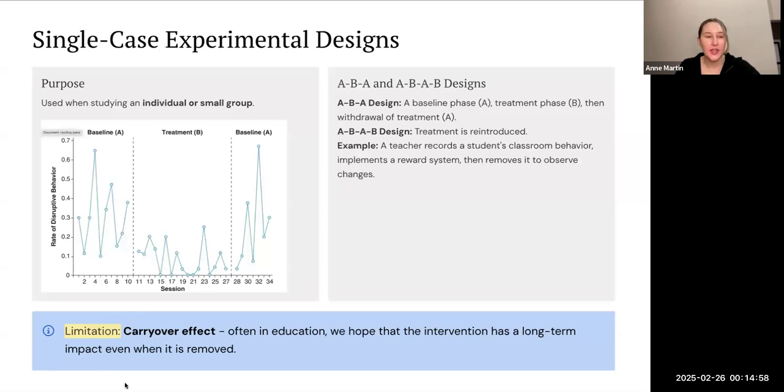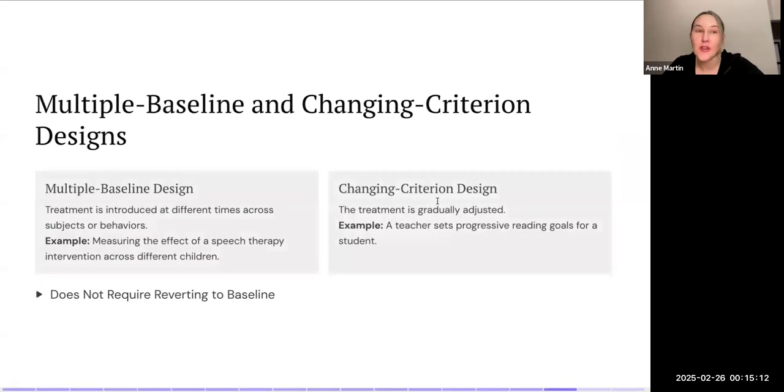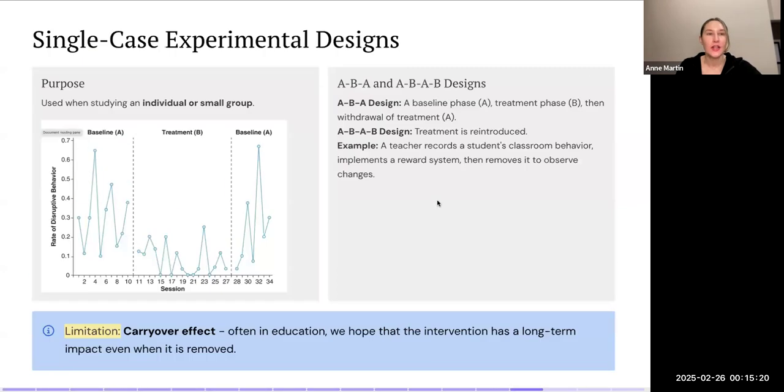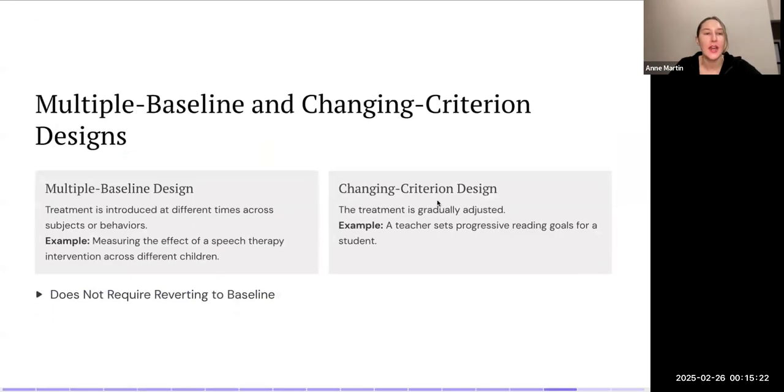But a limitation of this is carryover effect, because often in education, we hope that whatever intervention we are implementing will have a long-term impact, even when it's removed. So in that case, you can use some other designs like a multiple baseline and changing criterion designs. Multiple baseline is similar to the single case experimental design in that you have multiple baselines.